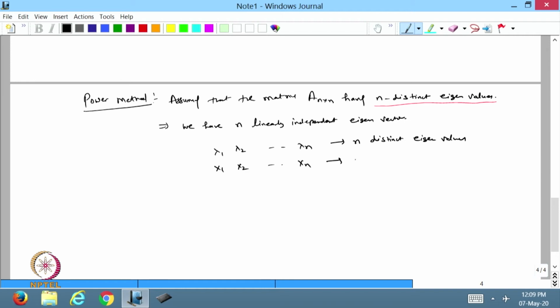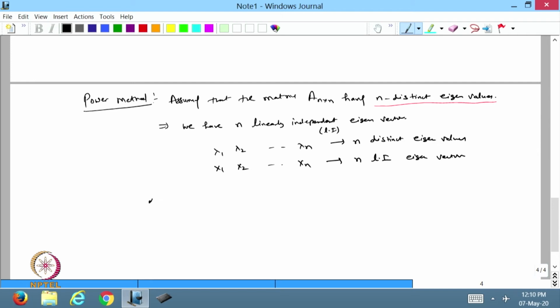So, these are n linearly independent eigenvectors. So, these are there. Now I know that these are linearly independent eigenvectors.